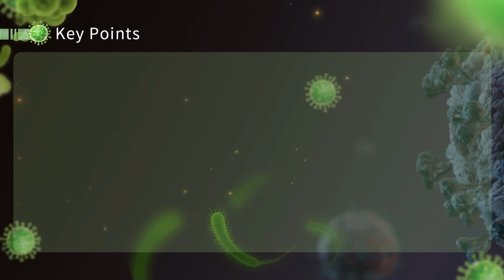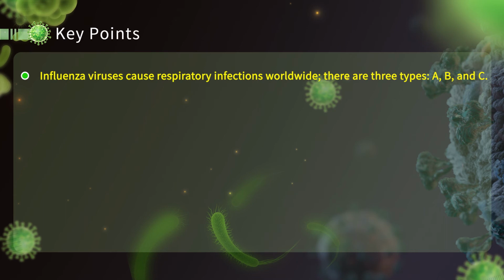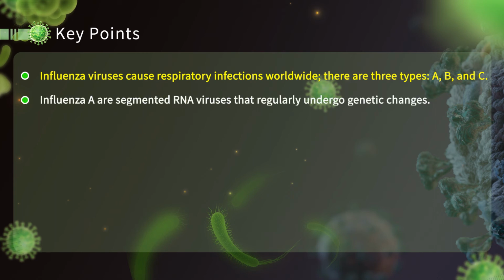Key points of this chapter are: influenza viruses cause respiratory infections worldwide. There are 3 types: A, B, and C. Influenza A are segmented RNA viruses that regularly undergo genetic changes.